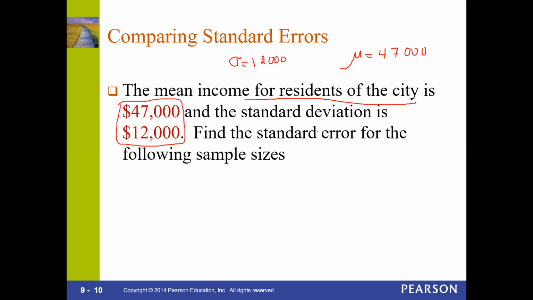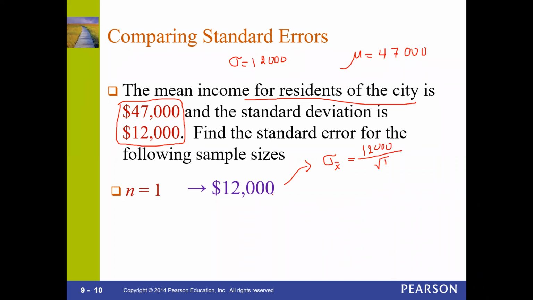This one says to find the standard error for the following sample sizes. Suppose you select one person. The standard error will be just 12,000. This is what happens: the standard error for X bar is equal to 12,000 over the square root of 1.